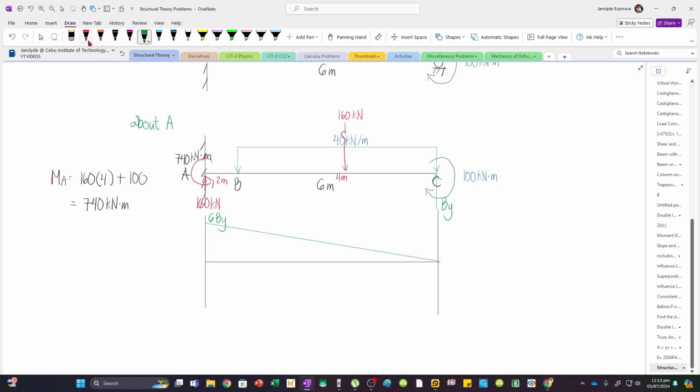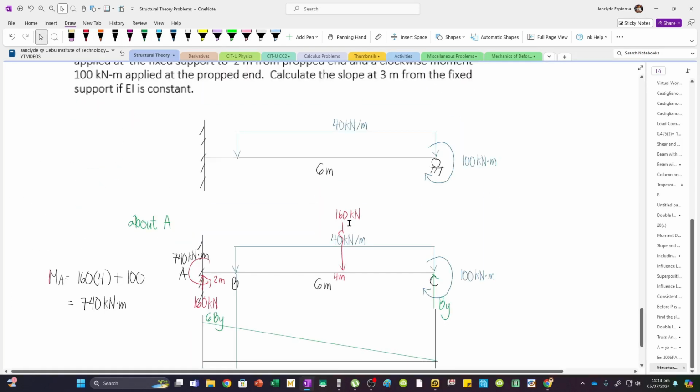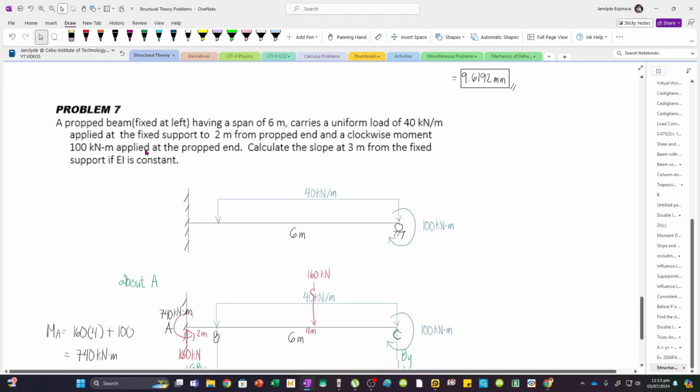And then we can project a line from the distributed load. By the way, the figure seems wrong. Applied at the fixed support to 2 m from... okay, sorry, the figure is wrong. This has to be from the fixed support, and this is the 2 meters, because it is applied from the fixed support to 2 meters from the propped end. This is the 2 meters from the propped end.